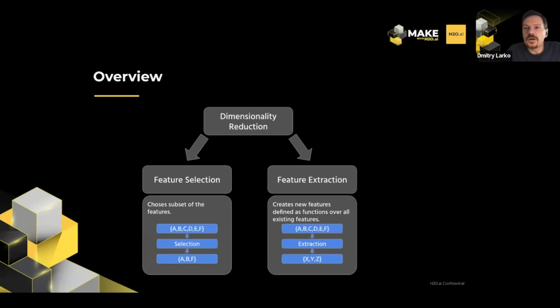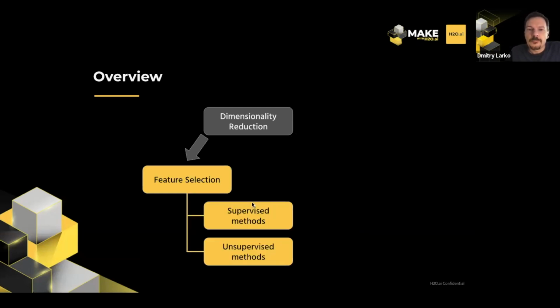So you still require all features to be present. You just put them into some sort of function, which gives you a nice new representation, ideally in a smaller space. While feature selection tells you what features are useful, and you can completely remove the useless features. We're going to cover feature selection only in this topic. We're not going to talk about feature extraction.